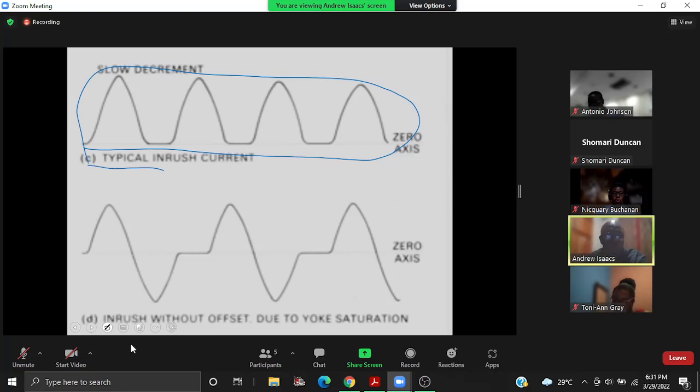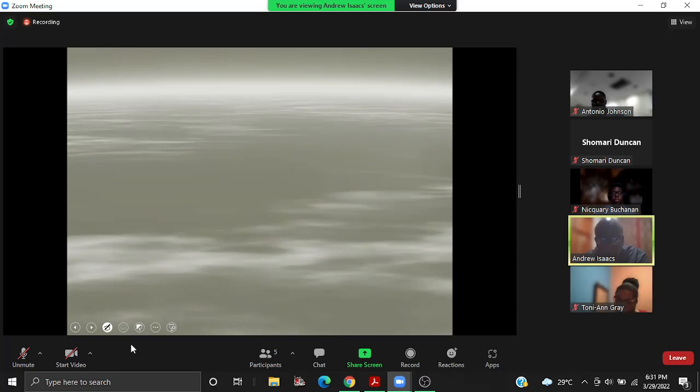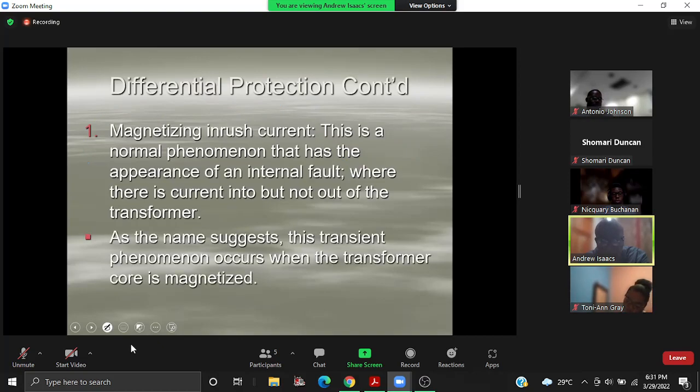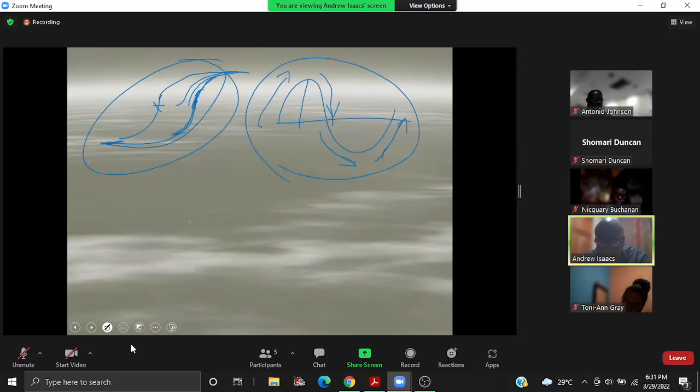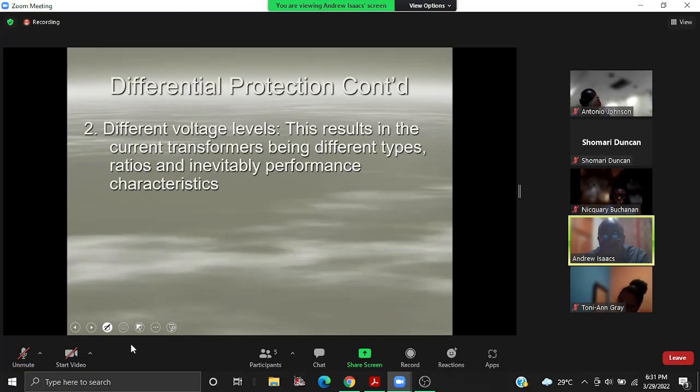All right. So the first thing we looked at was inrush, in terms of the design of your transformer and how it affects differential. The next one, different voltage levels, because that's what a transformer does.